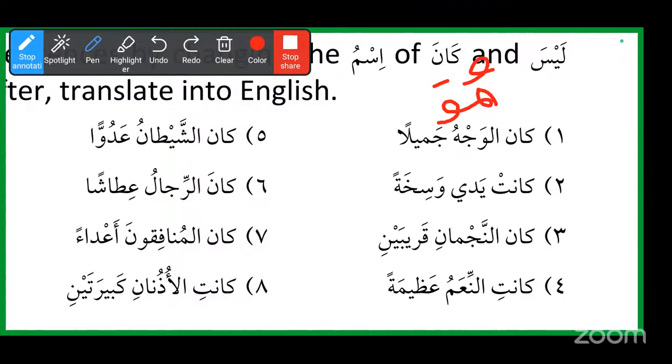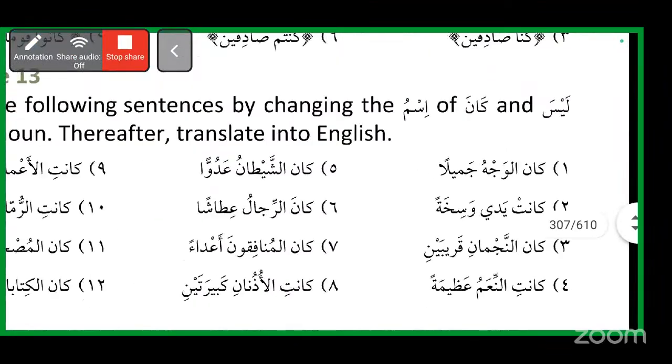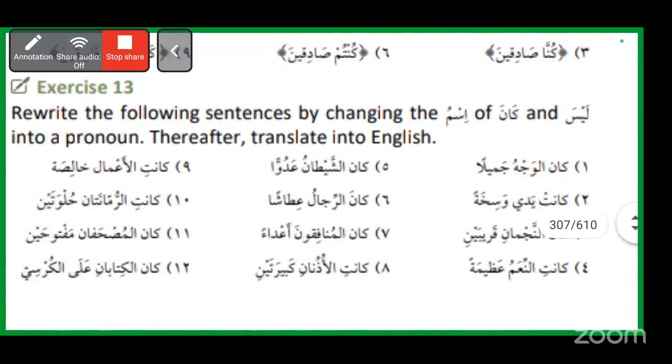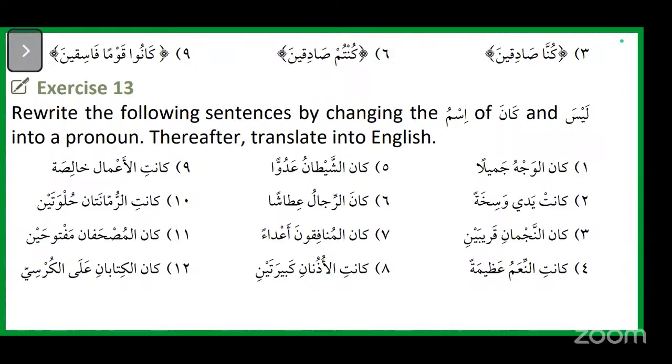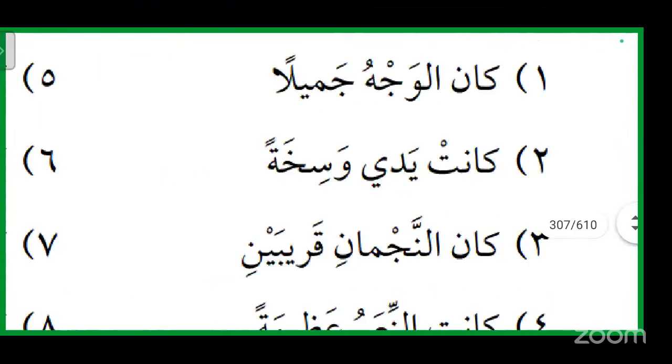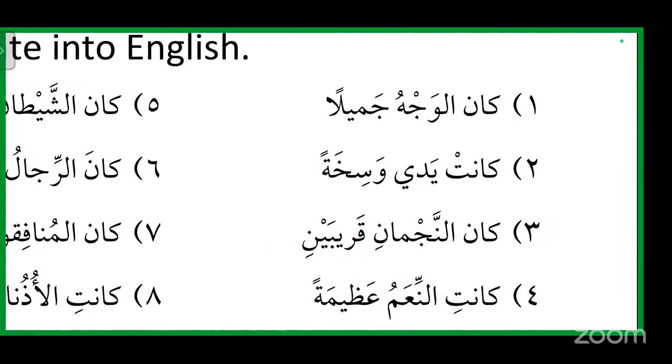So kana huwa jamilan. The face, the wajhu, was beautiful. Their question doesn't make sense. He is telling us to rewrite the following by changing the ism of kana and laisa into a pronoun. So what is the ism of kana? It is al-wajhu.